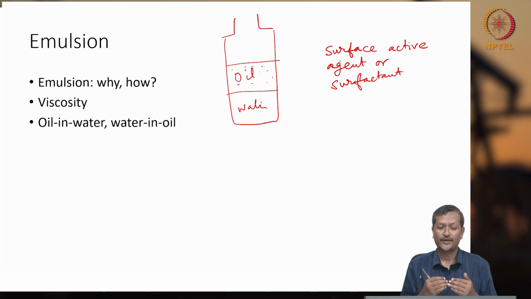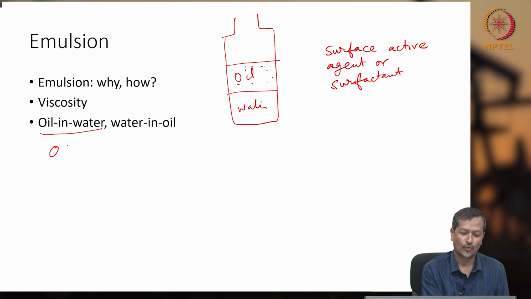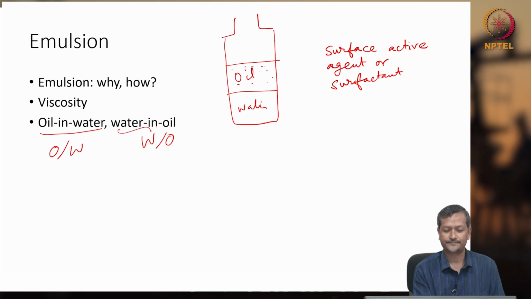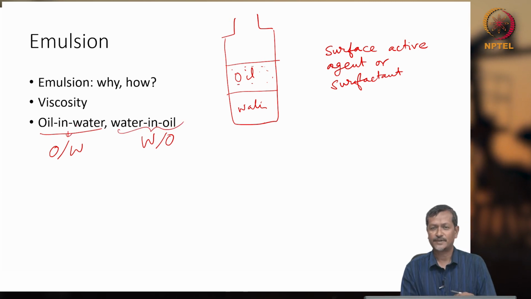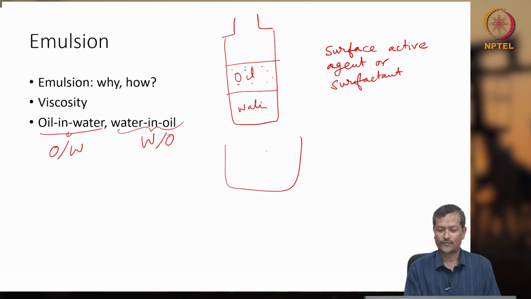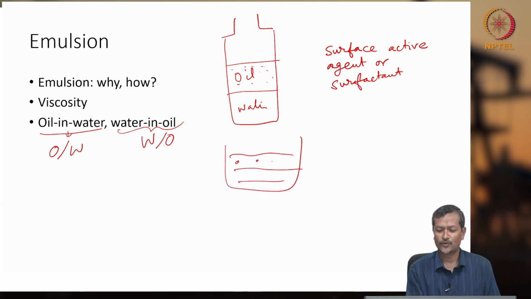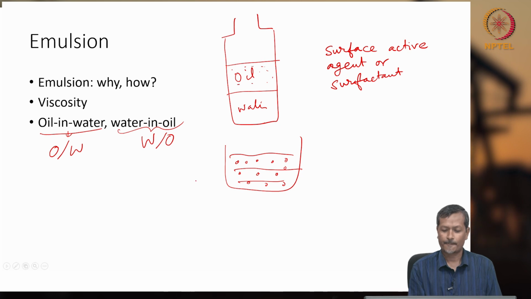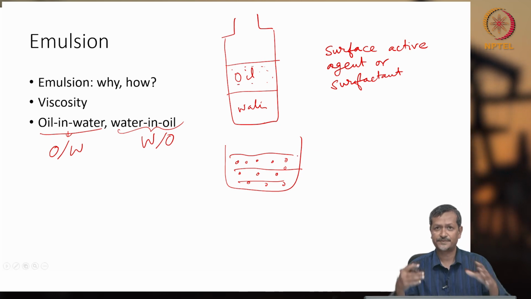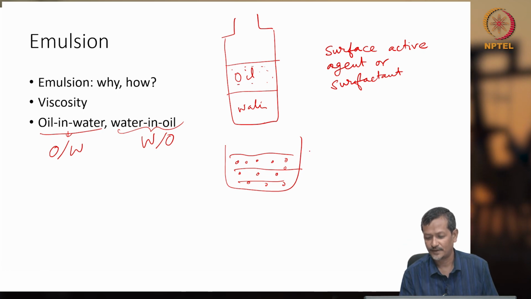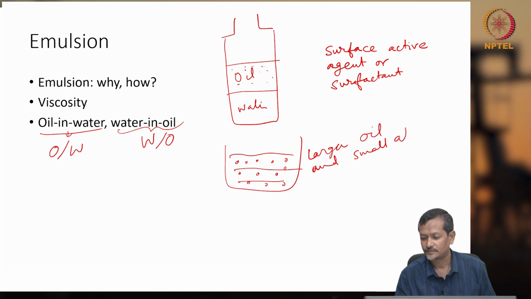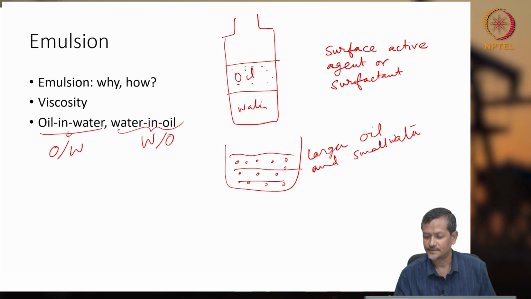There are two types of emulsion created in the wellbore: oil in water, or water in oil. Oil in water emulsion is when you take a certain amount of oil and a small amount of water discretely available like this. This is the continuous phase. Continuous phase means the larger amount, here larger oil and small water particles.